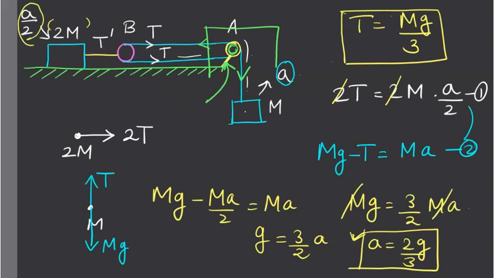Here I am drawing this area again. The two tensions are like this: here tension T is like this, and here tension T is like this. If I join them, they will be perpendicular to each other.